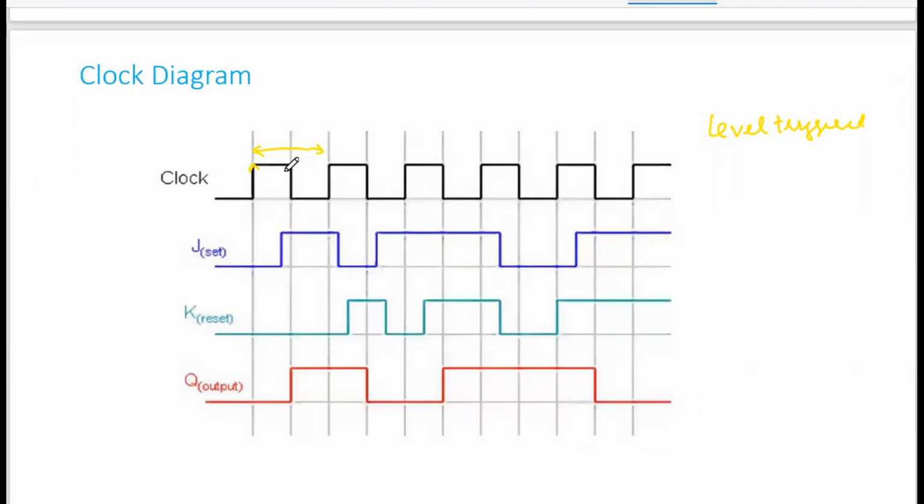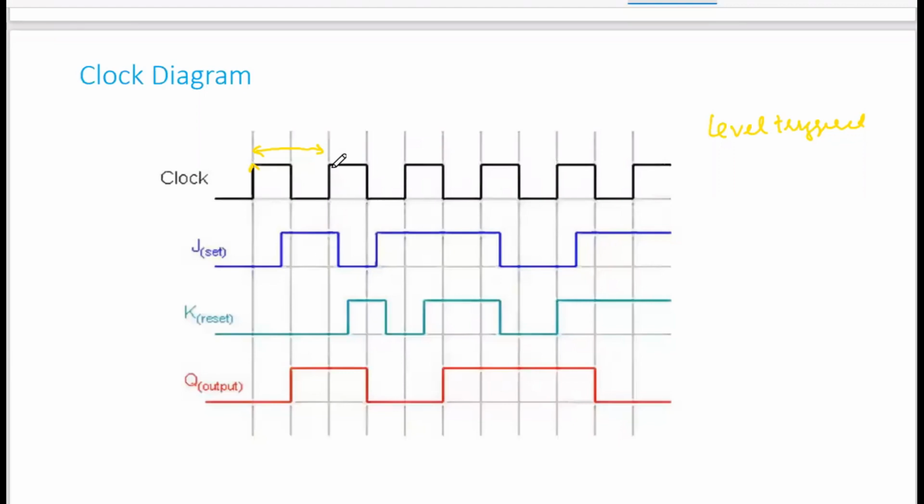Now in between, there is a change. What is the change? Your j is equal to 1 and k is equal to 0. So now you can see if j is equal to 1 and k is equal to 0, whenever j is equal to 1, your output is going to be high. Your output is high. Now this clock is there, and in between there is no change in the system, and your system is responding as it is.